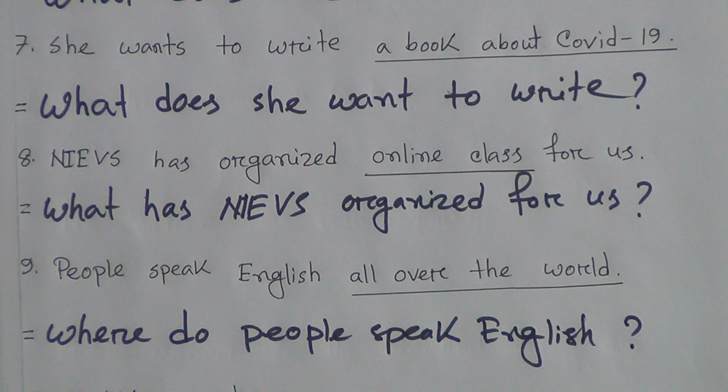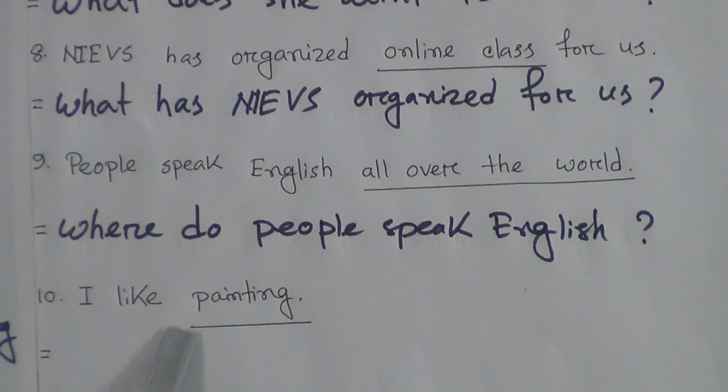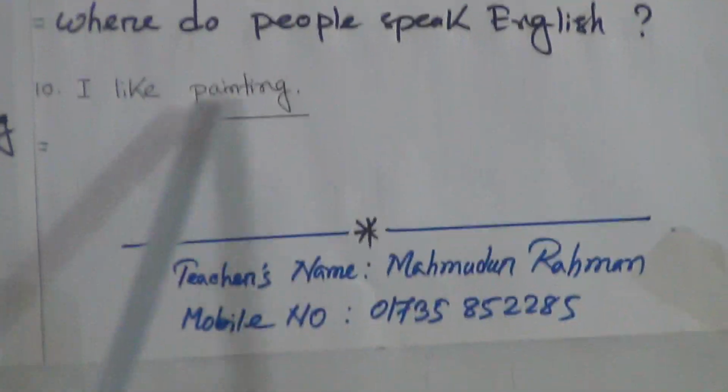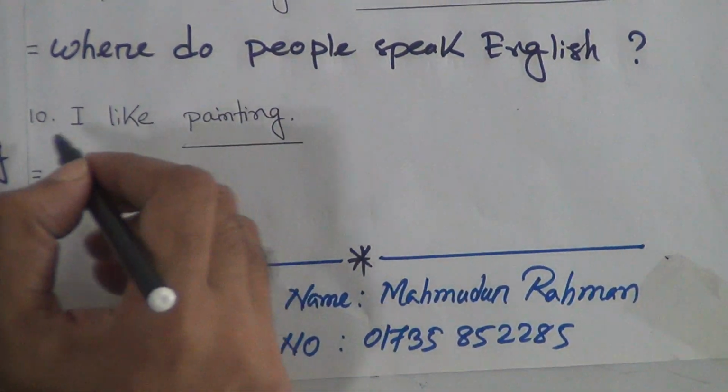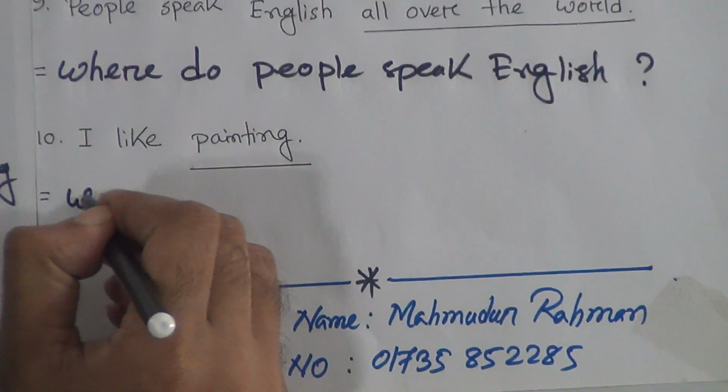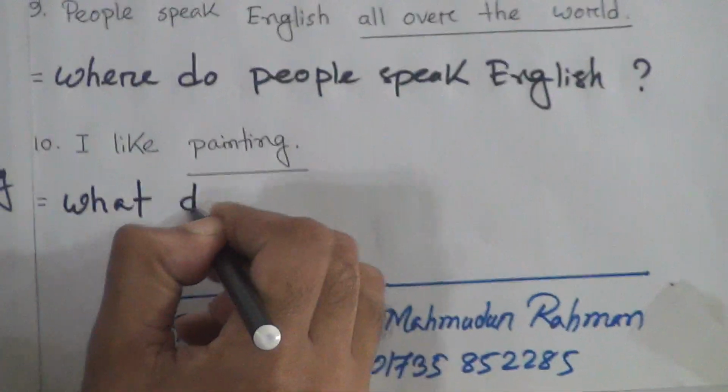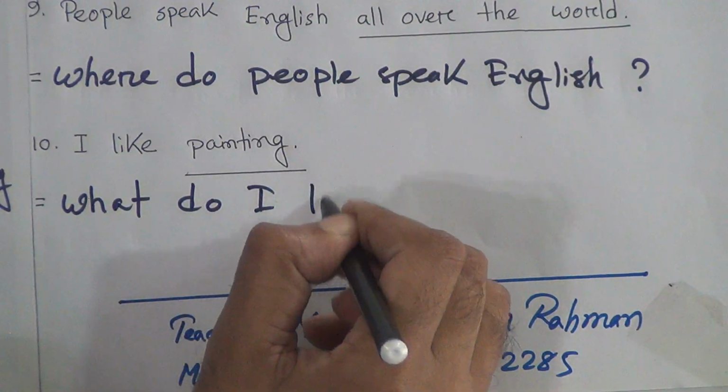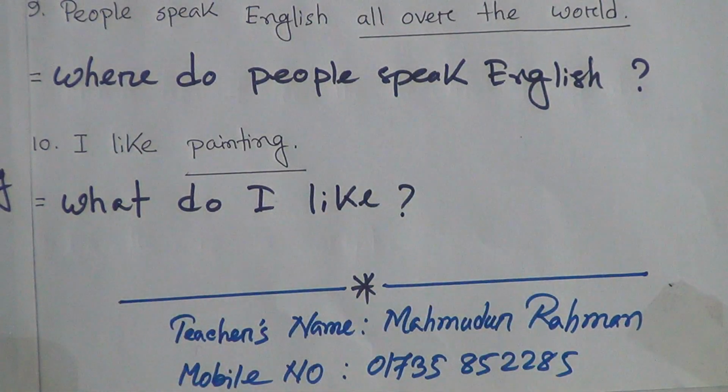And number 10, I like painting. Look at the underlined portion. Painting is the object of this sentence, so we will ask a question with what. What do I like? So if I ask the question what do I like, the answer will be I like painting.